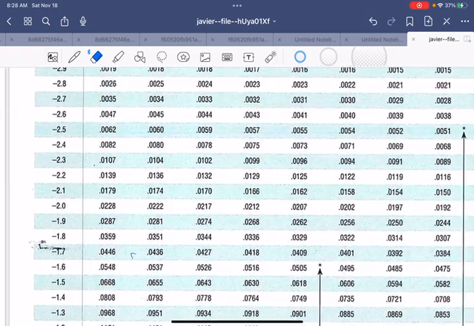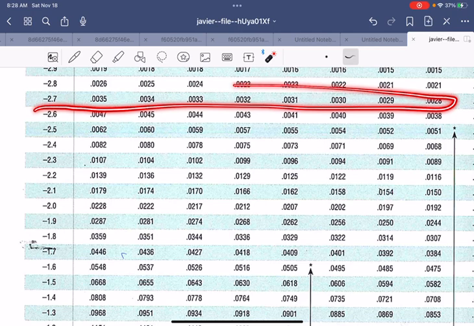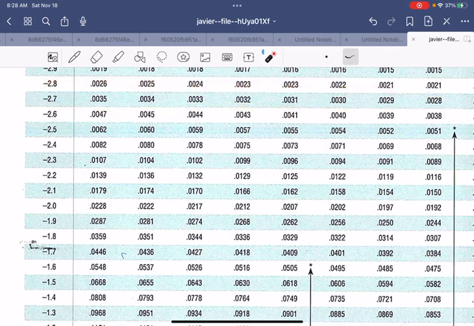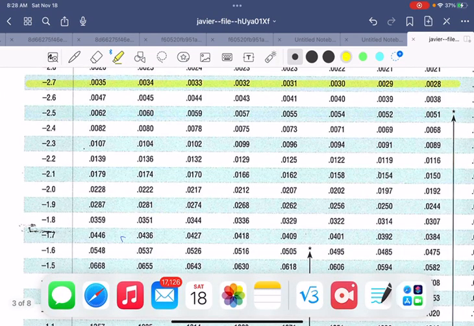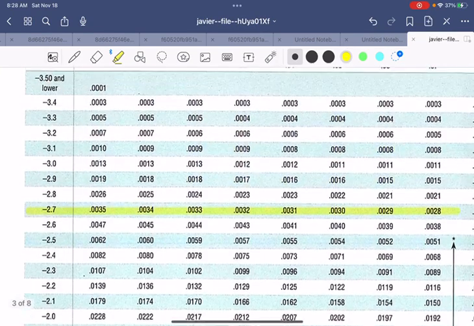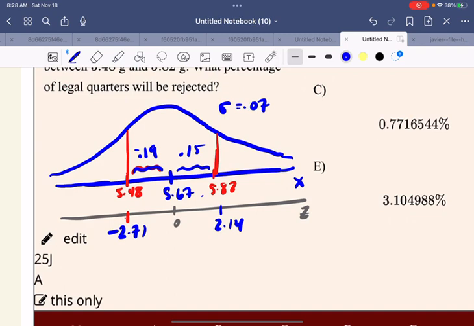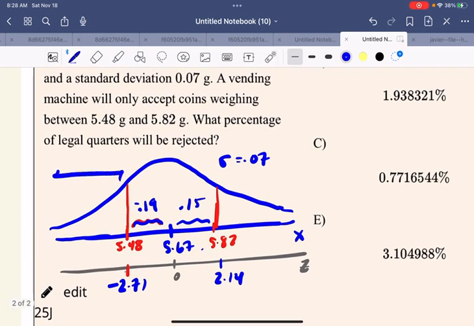So it starts off with 2.7. So I know that I'm going to be looking at this row here, 2.7. And then 2.71, so I'm going to be looking at this column. So my area here is 0.0034.